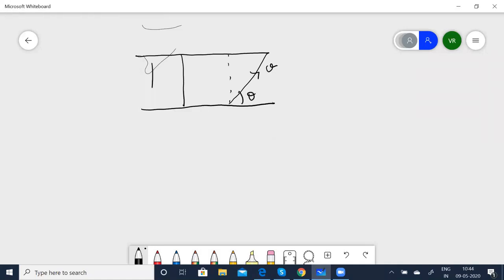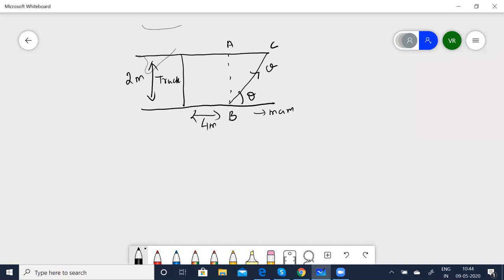So this distance is 2 meters, so mark it as AB. Let this be C. And this distance is given as 4 meters. So the man is moving along this direction, and the truck is now going to be here.